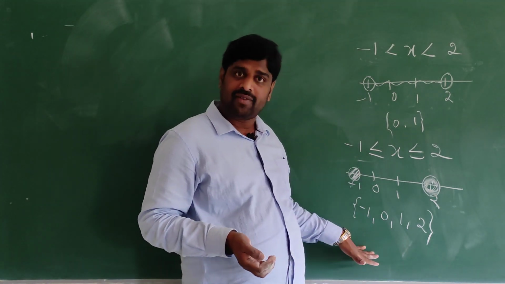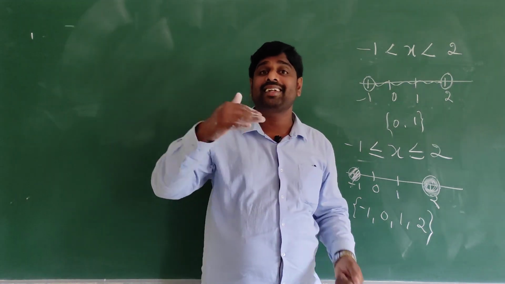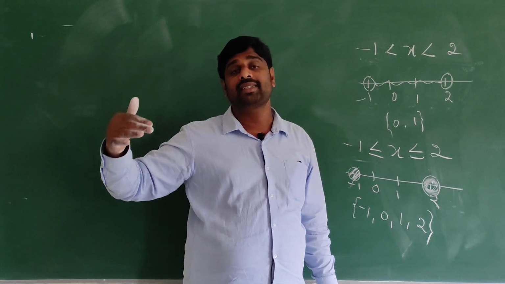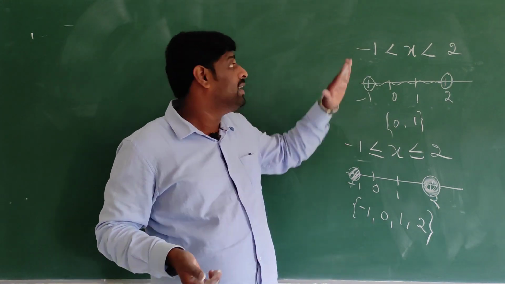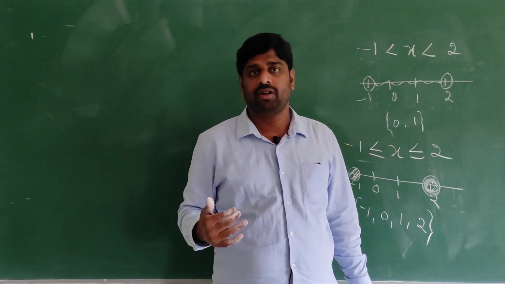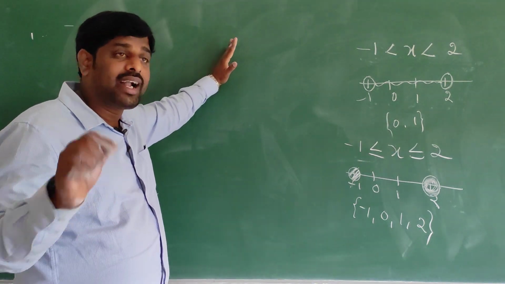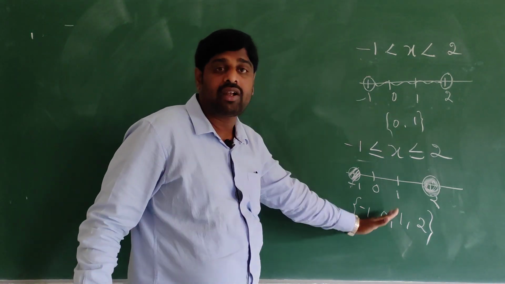This is about intervals. I will explain the interval concept in the sets chapter, because in the sets chapter there is an exercise on intervals, and there I will explain briefly. I have to write the principal solution definition, that's why I am taking the interval concept now.